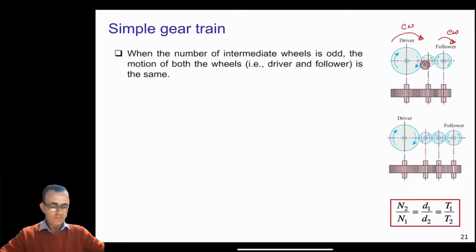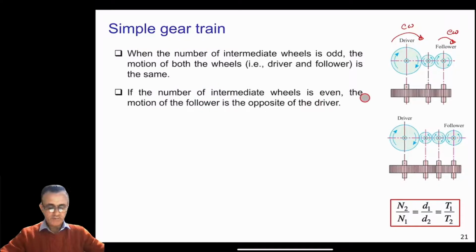If the number of intermediate wheels is even, as in this case here, then the motion of the follower is opposite to the driver. So in this case, this is going clockwise, and you can see the final one is going counterclockwise.